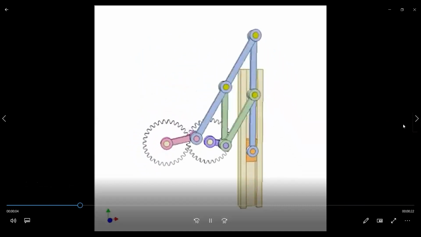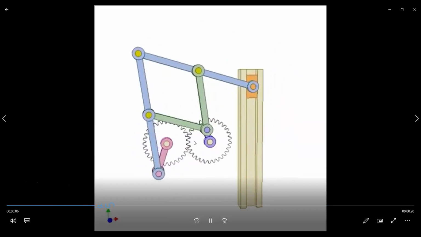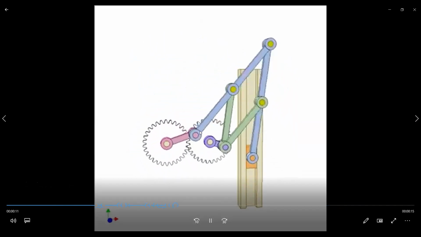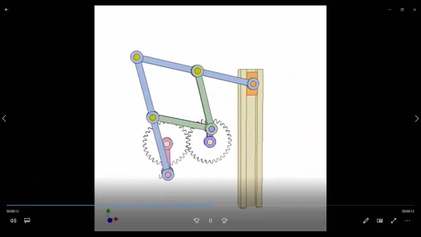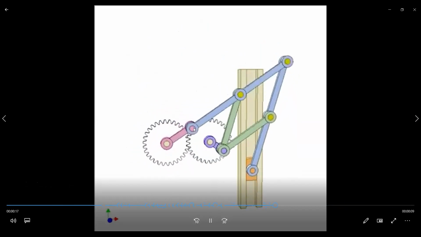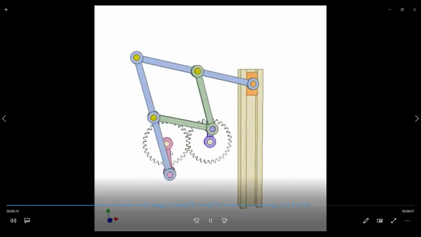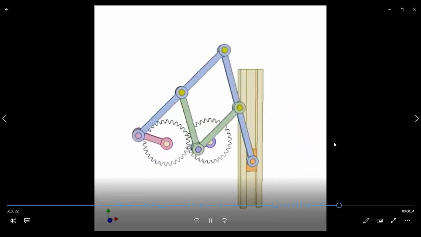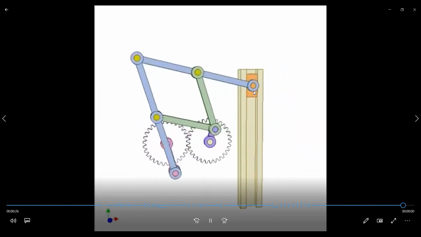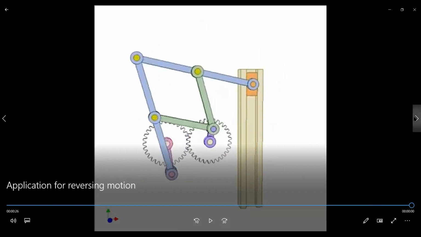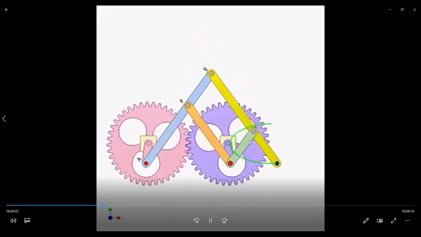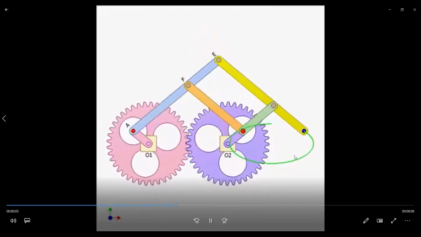Then here is another application where this point is not fixed. Earlier we have seen these points of the pantograph to be fixed at some point, but here it is rotating. We are obtaining a kind of straight line motion, and again a modification of the pantograph to draw ellipses.